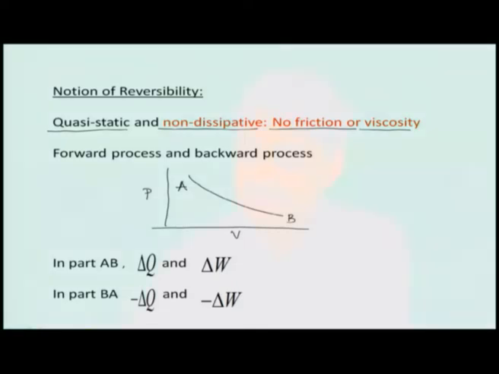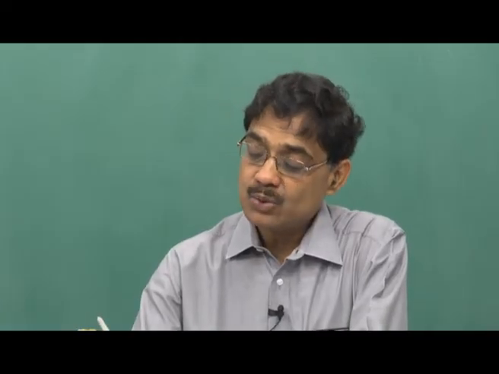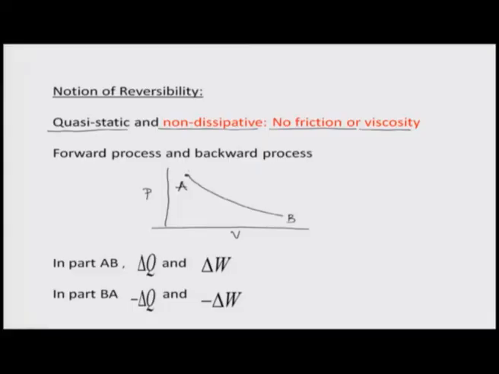Those imply initial values P1, V1, T1 or P2, V2, T2, which is B. So, this is my forward process, let us say. The forward process takes me from P1, V1, T1 to P2, V2, T2.